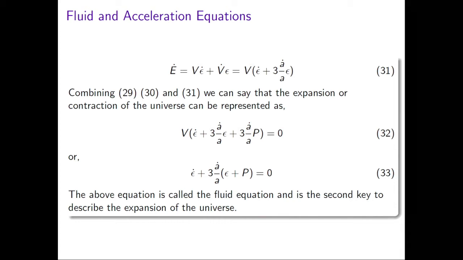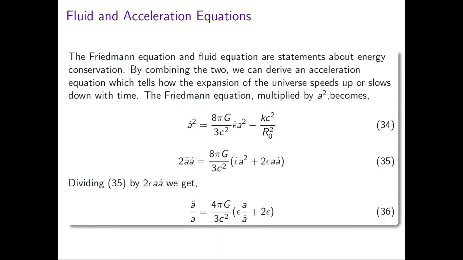So equation 33 is called the fluid equation, and it is the second key to understanding the expansion of the universe. The Friedman equation and the fluid equation are both statements about energy conservation. As we saw, they both are based on the law of conservation of energy.